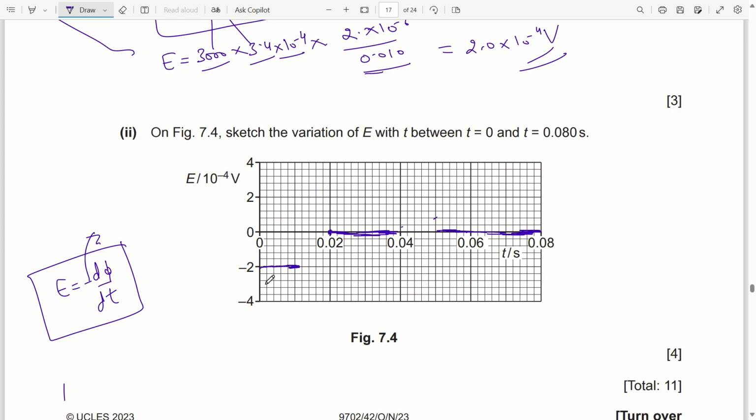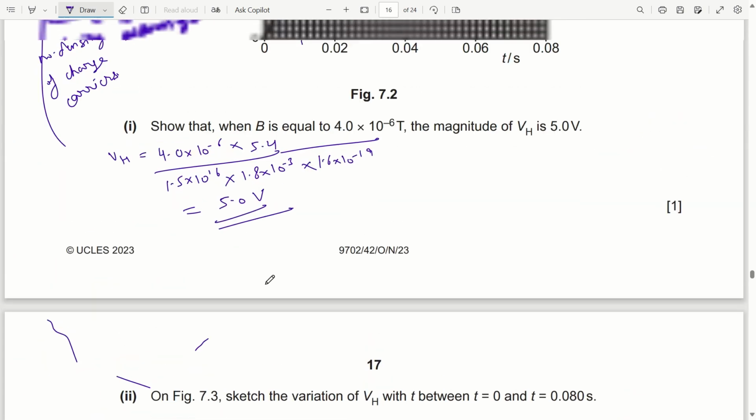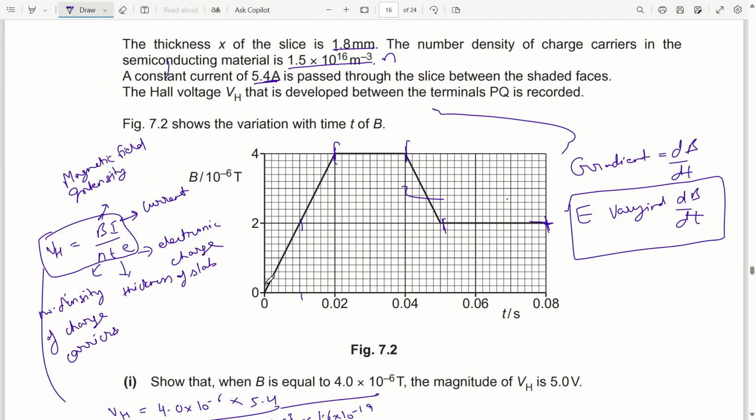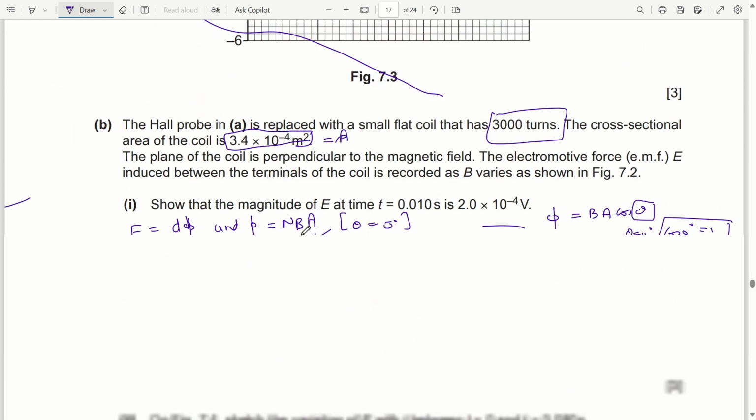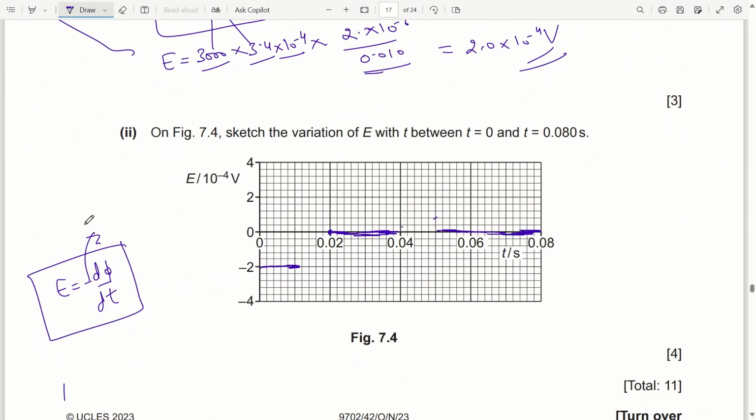Yes, from 0 to 0.02 we can see the gradient is the same. So till 0.02 the magnitude will be 2.